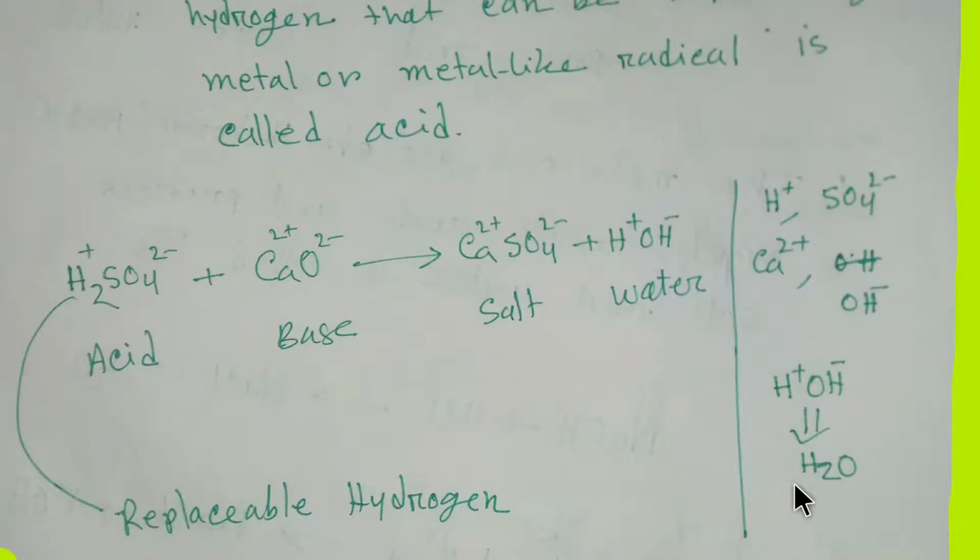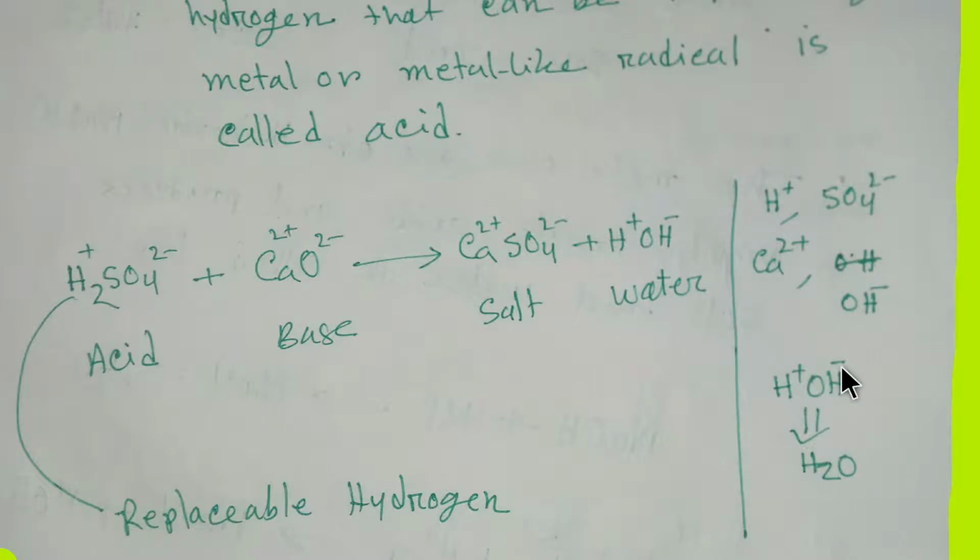So, water, how can we write the formula of water from these ions, right? So we need hydrogen, so we are taking a hydrogen, and then we need hydroxide ion. You know that the number of positive charge and the number of negative charge must be equal, so you get this product, right?